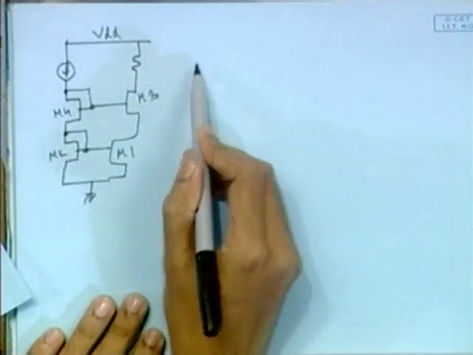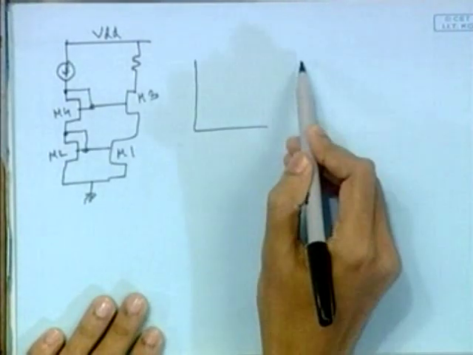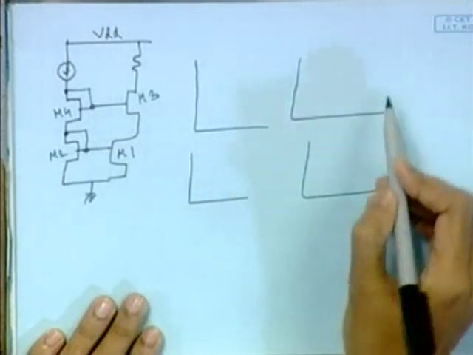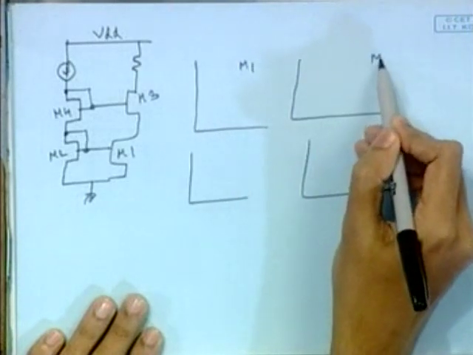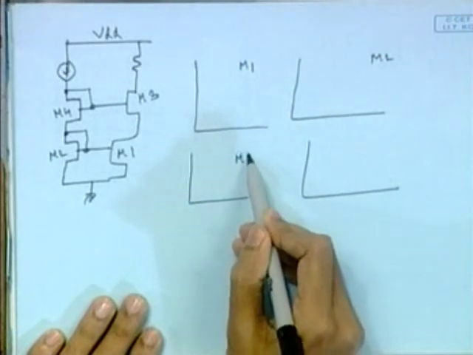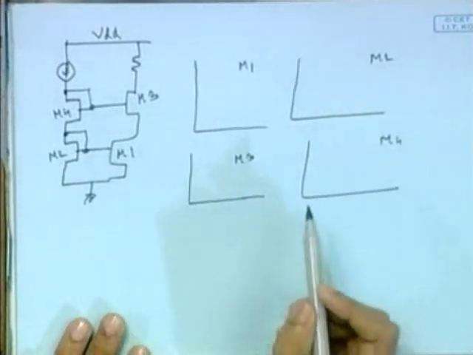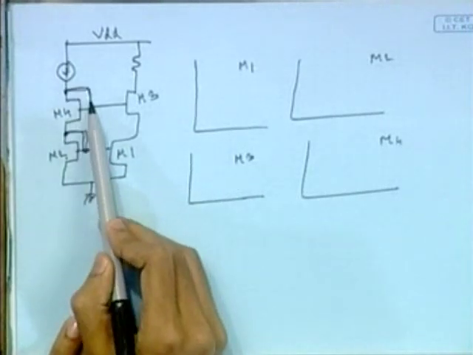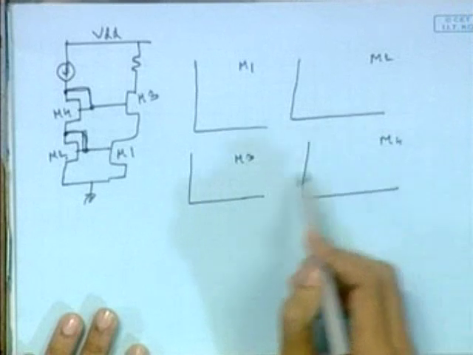This will be for M2, M3 and M4. You see that M4 and M2 both are diode connected, so they are guaranteed to operate in the saturation zone.